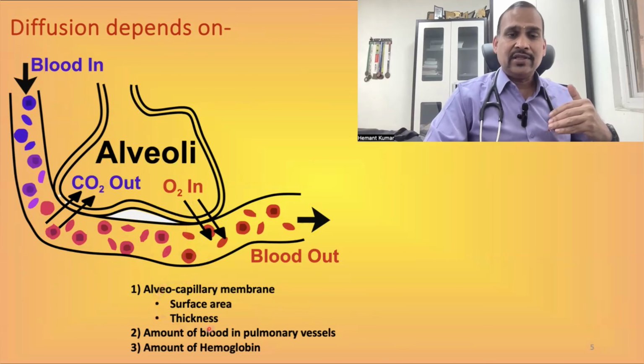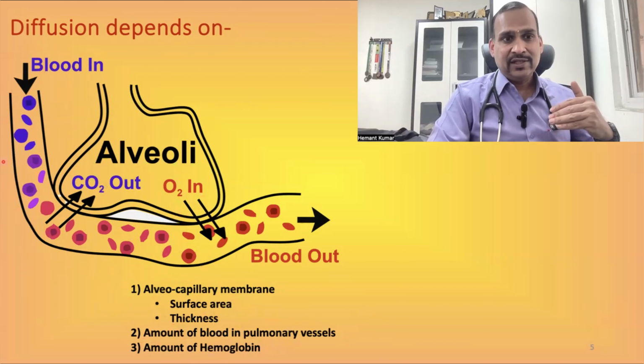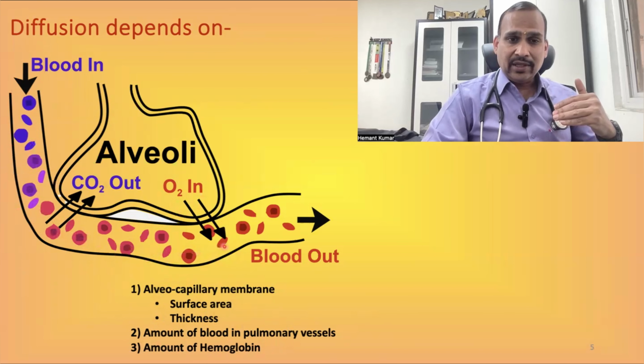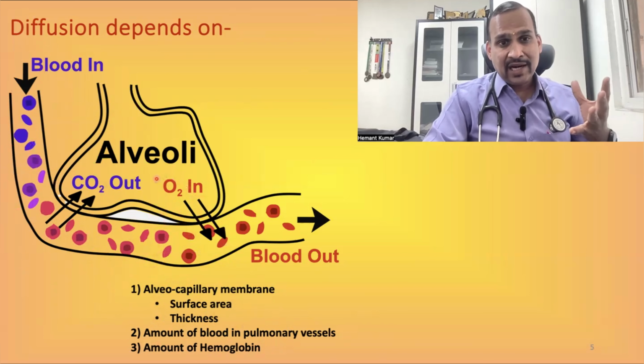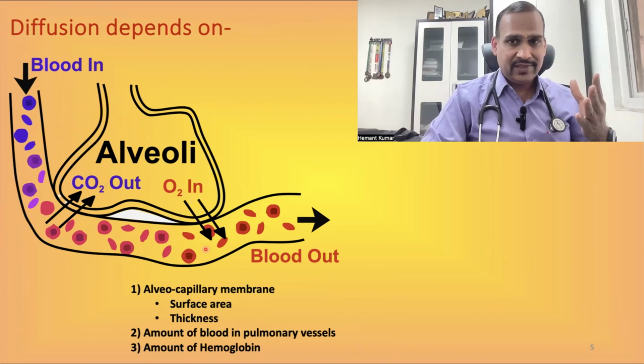Another thing is that diffusion of oxygen depends on the amount of blood in pulmonary vessels. So this is the pulmonary artery, pulmonary capillaries, blood is flowing through this capillary. And this capillary has oxygen which is being exchanged with alveoli. So a large amount of blood means a large amount of diffusion of oxygen from alveoli to blood vessel.